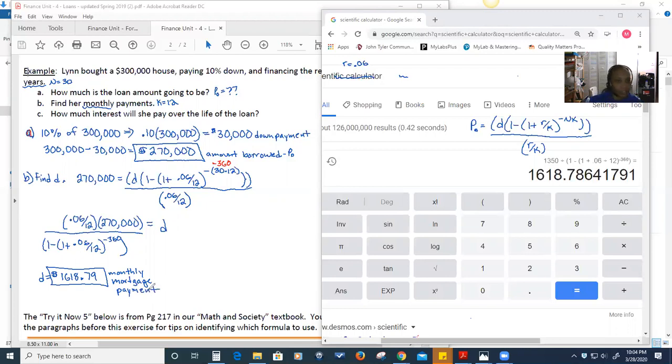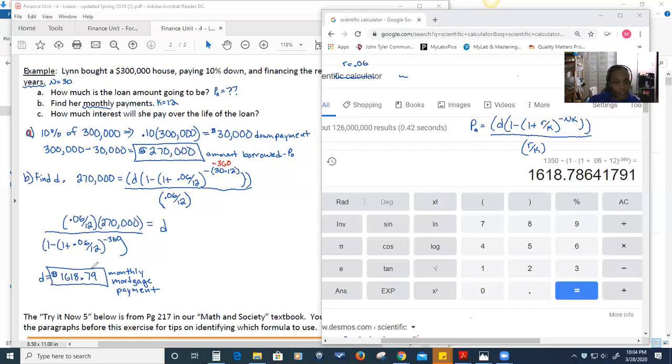Okay, let's see, her interest rate was 6%. That's a little high for the house market right now, but at any rate, you should kind of have an idea of what makes sense. A $270,000 house is a pretty decent house. And so you've got a little over $1,000 for your mortgage payment every month, okay?